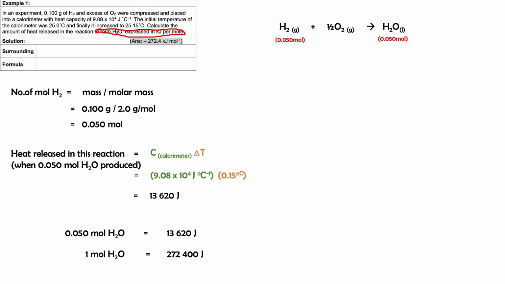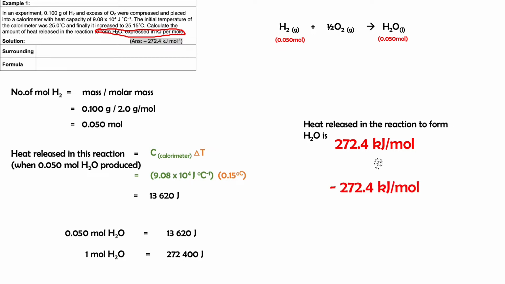So, heat release in the reaction to form H2O is 272.4 kilojoule per mole, or you can answer it as negative 272.4 kilojoule per mole.